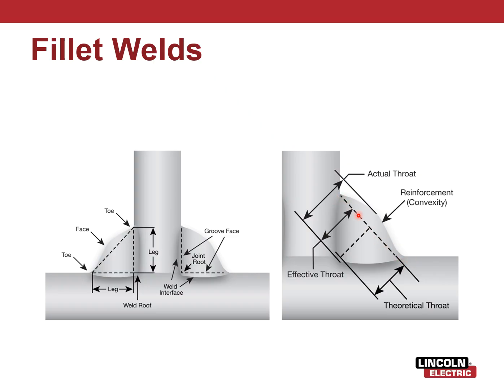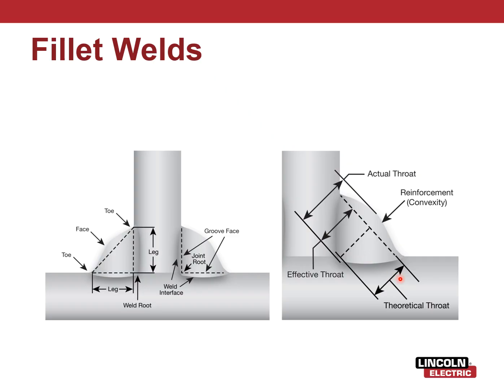So you could see if this was a perfect triangle, it would lay right here. This kind of convex profile is a little bit of added material, but this is the effective throat. And that's to the root where the two pieces of material would have met. So that's called the effective throat.